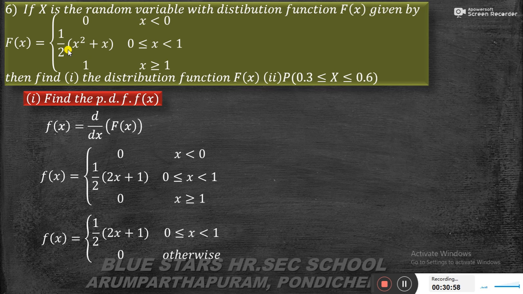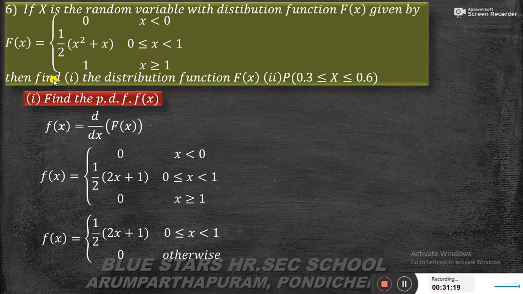Next, second function 1 by 2 x square plus x, the interval is 0 less than or equal to x less than 1. Third one is 1, the interval is 1 less than or equal to x less than infinity.